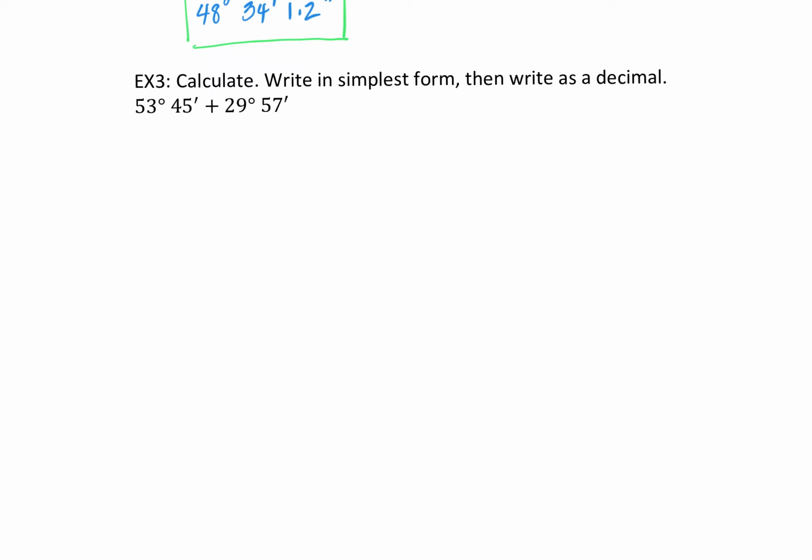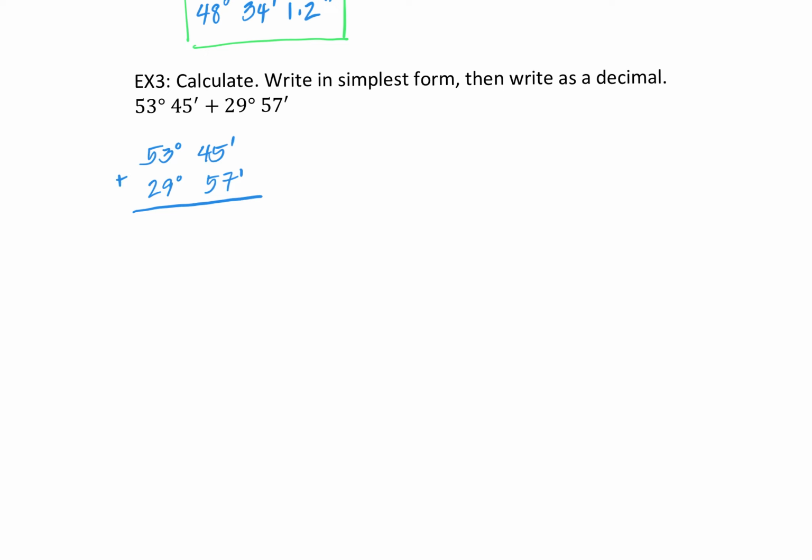When you're adding, you want to line up the degrees, and in this case I don't have seconds, I just have minutes. So I have 53 degrees and 45 minutes, and then I have 29 degrees and 57 minutes. And I'm going to add these.